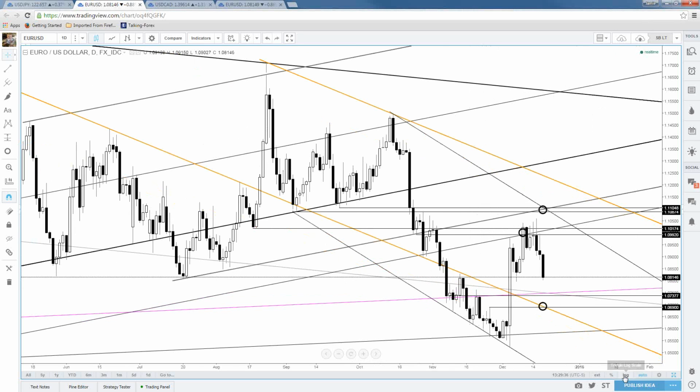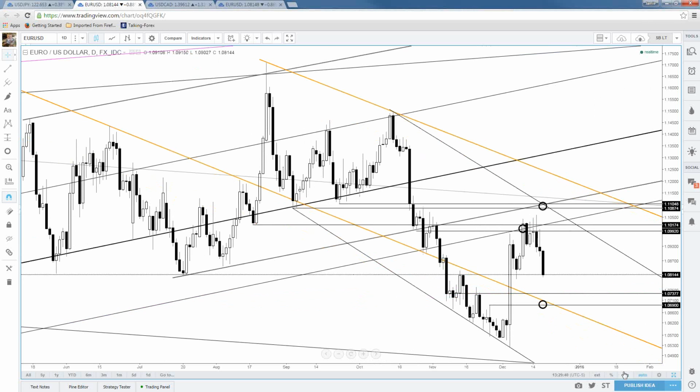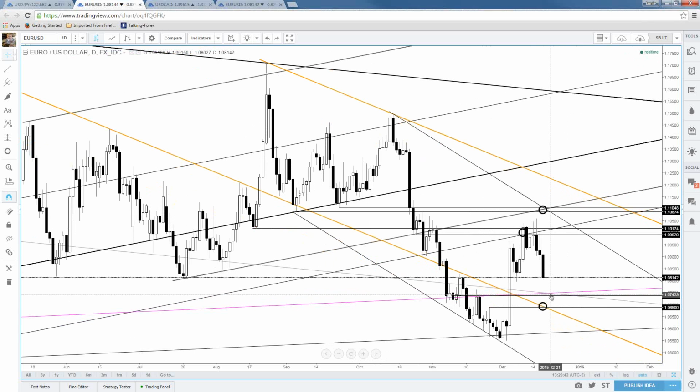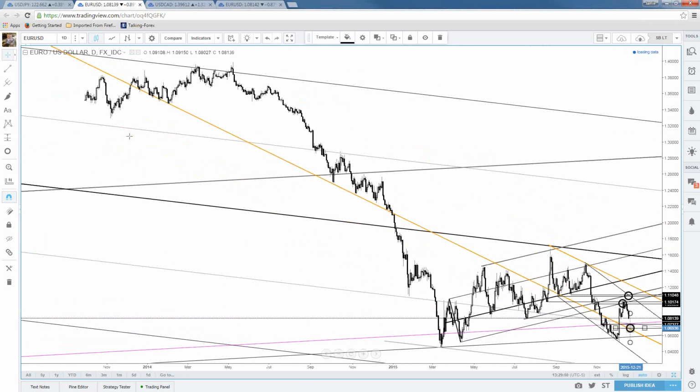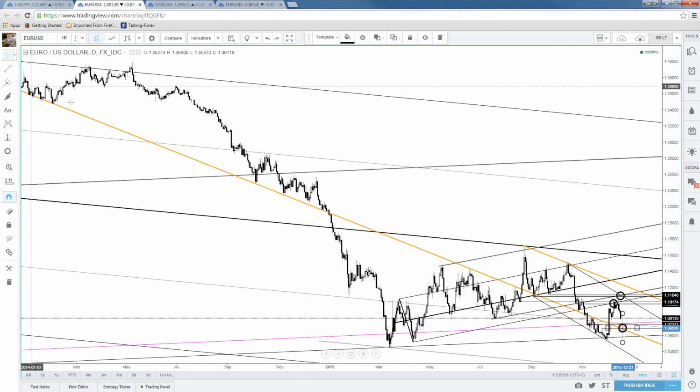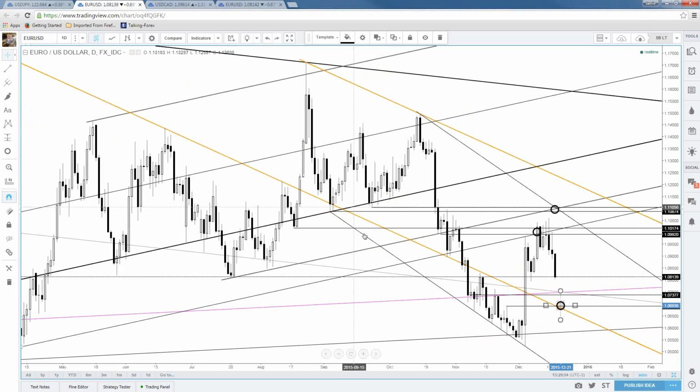And we'll talk about it with the short term charts here in a little bit. But I would still keep at least an eye on this line here, which goes back a long, long time as being support and resistance at important inflection points.